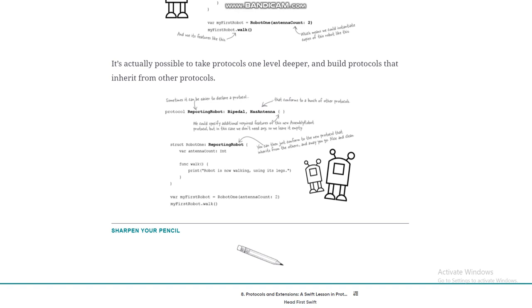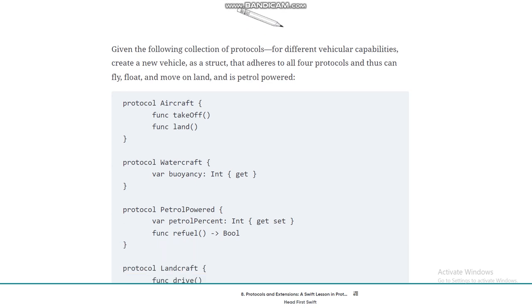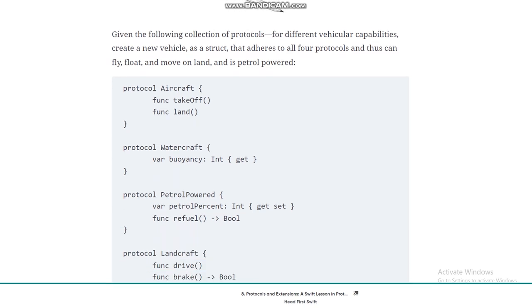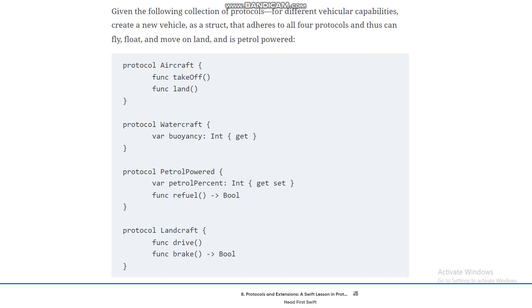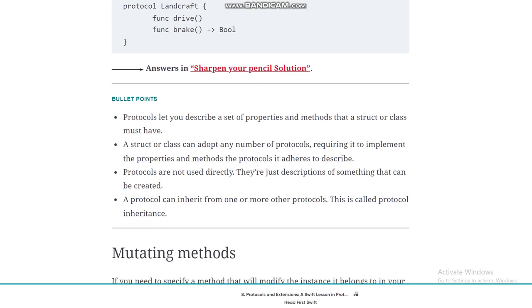It inherits from another protocol, and we can create just one protocol and inherit just like this, and we can print it like this, right? I can give you some example here: with the file collection you can do it like this, and based on that information we can continue.